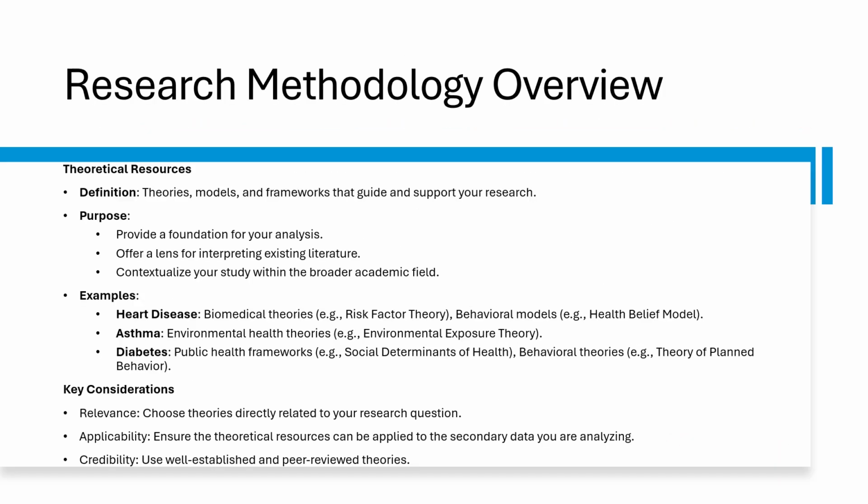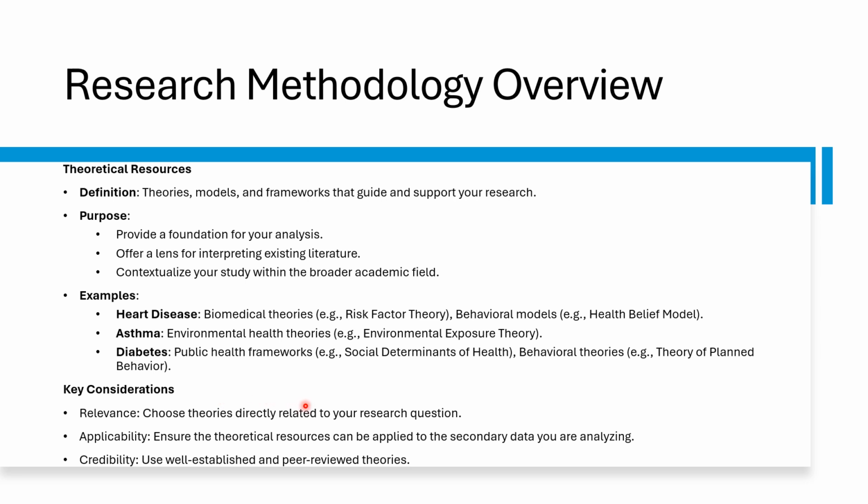Okay, the research methodology overview, which is the theoretical resources, and the definition is theories, models, and frameworks as guidelines that support your research. The purpose of doing this is to provide a foundation for your analysis, offer a lens for interpreting existing literature, and contextualize your study within the broader academic field. So for examples, heart disease, as we said, can use biomedical theories, risk factor and behavior models, or the health belief model.